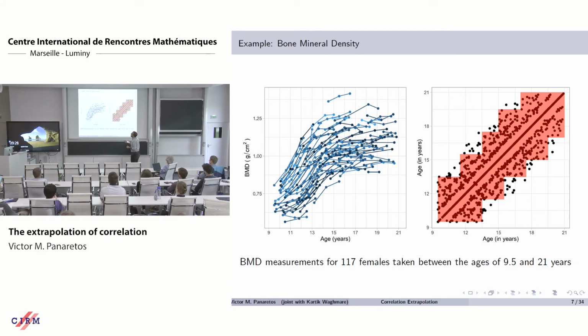Notice that each subject is measured a few times in some short interval, but the duration of the study, the time scale at which we're interested in the phenomenon, is much longer than the time we follow each individual. So each latent process is measured during a short time interval.